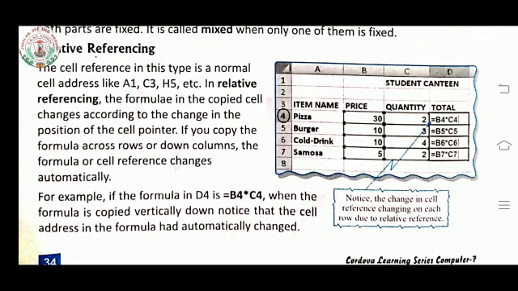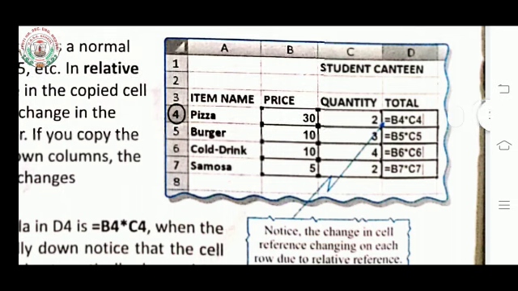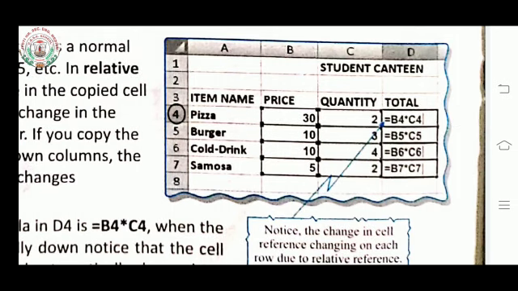For example, if the formula in D4 is B4 into C4, when the formula is copied vertically down, notice that the cell address in the formula has automatically changed. You can see in this figure, as you drag down the mouse pointer, in cell D4 the formula is B4 into C4.